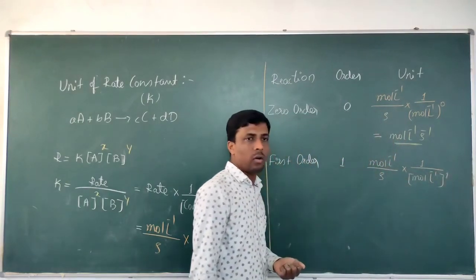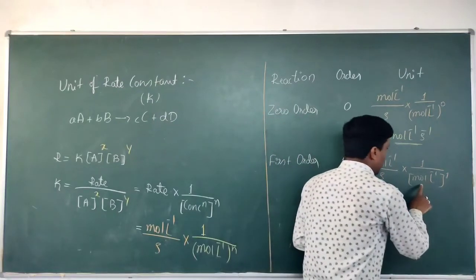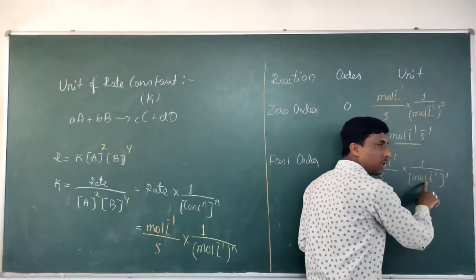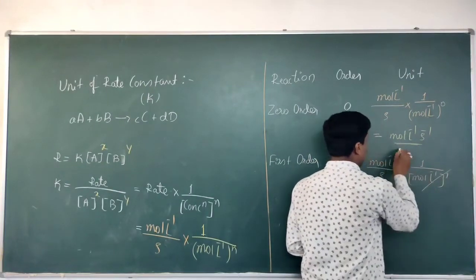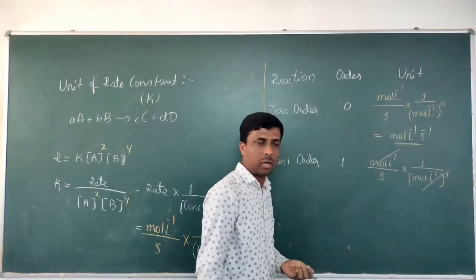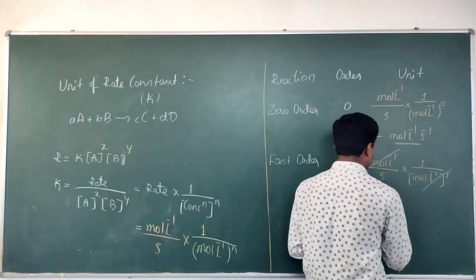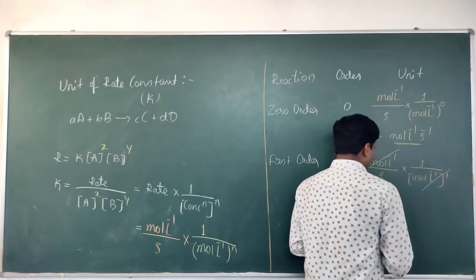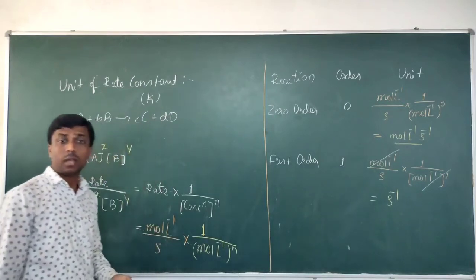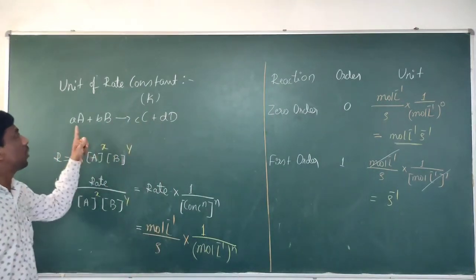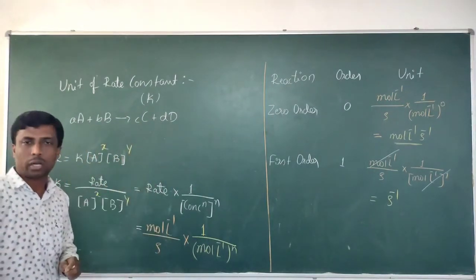Anything raised to power 1 is that one only. Then this gets cancelled: mole per liter, mole per liter. That is the final unit: per second. Per second is the unit for rate constant for the first order reaction.